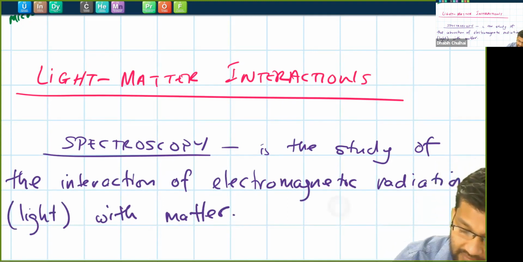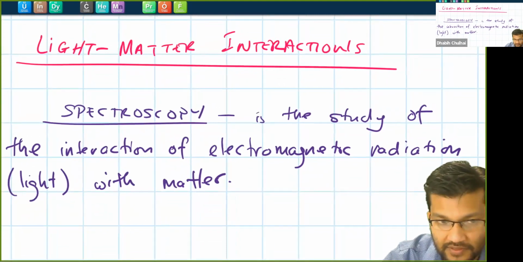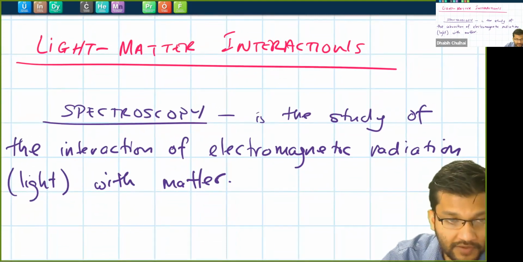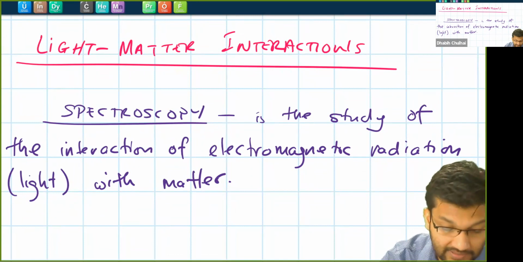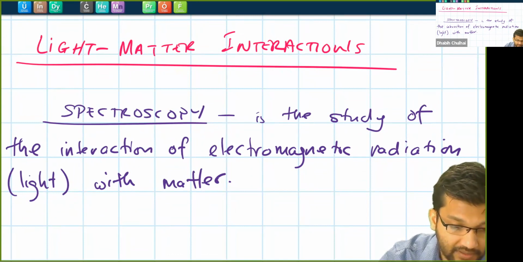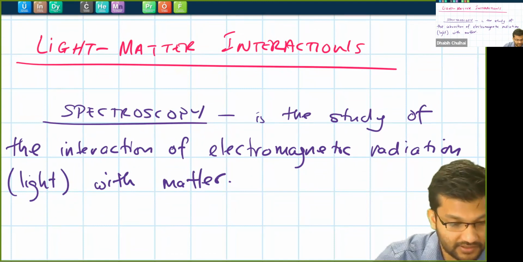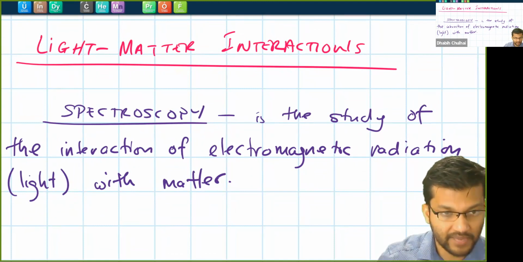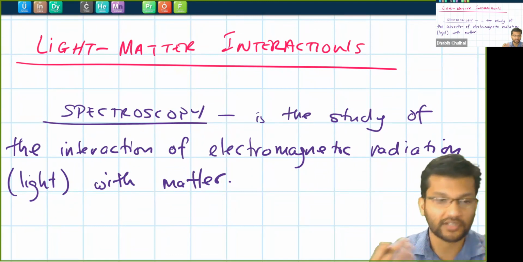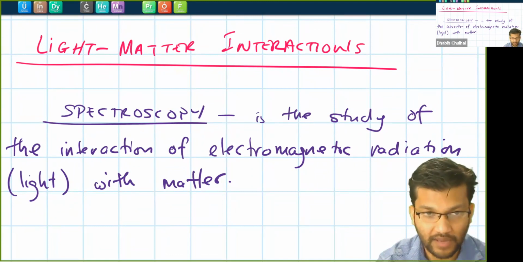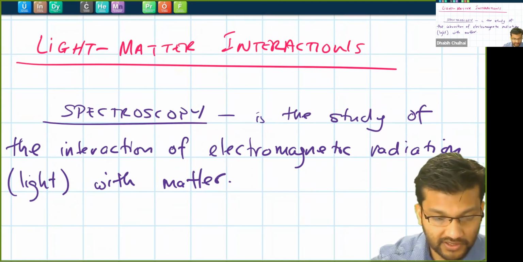Now we spent 95% of the whole course so far trying to understand matter, right? Electrons and molecules and how they behave according to quantum mechanics. In the very, very beginning, we also talked a little bit about properties of light, how light can exist as photons and stuff like that. And so now we're going to try to make those 2 things work together. And them working together is what leads to spectroscopy.